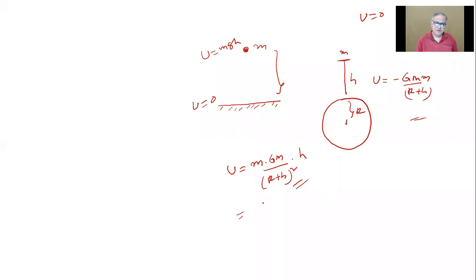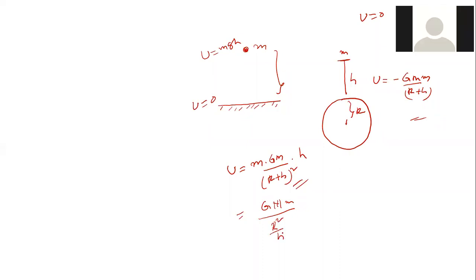So if h is very big, or h is very small here, you're trying to tell something like that. So it will be R square by h square plus 1 whole square. R by h, I'm sorry.